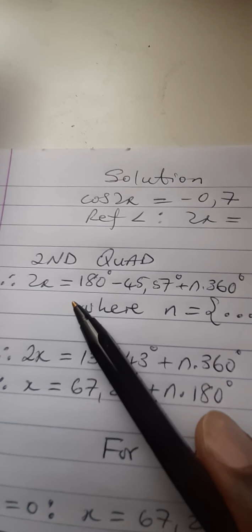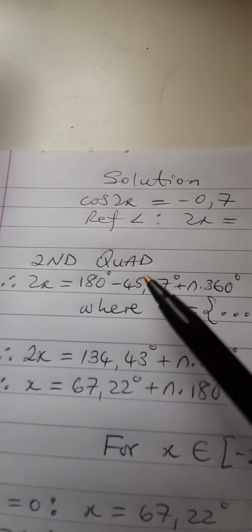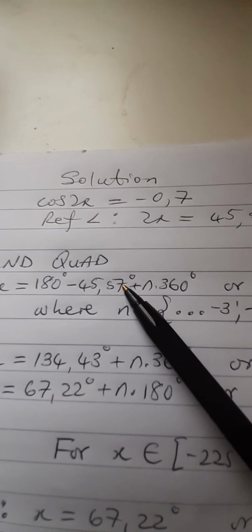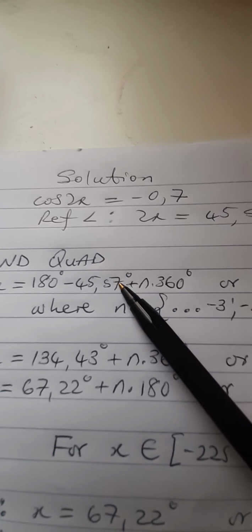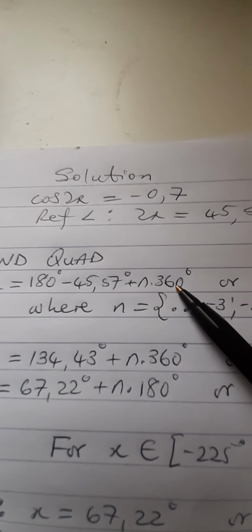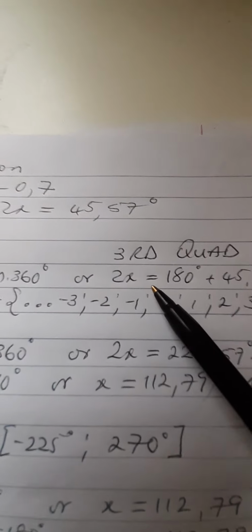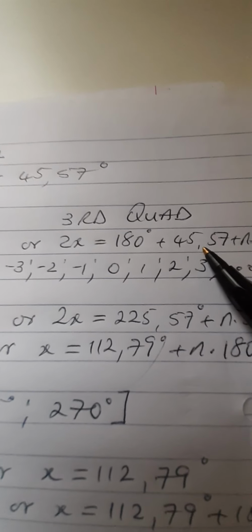Second quad, remember, it's 180 degrees minus. Therefore, 2x is 180 degrees minus the reference angle, 45,57 degrees, plus n times 360 degrees, which is the period for the cos. Third quad, 2x is equal to 180 degrees plus 45,57 degrees, plus n times 360 degrees.